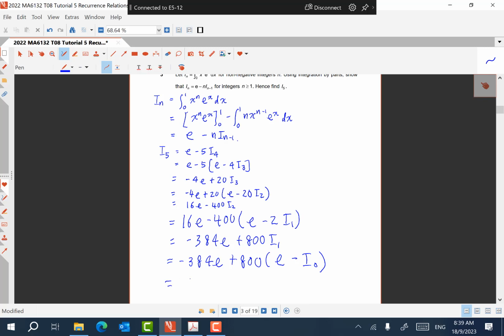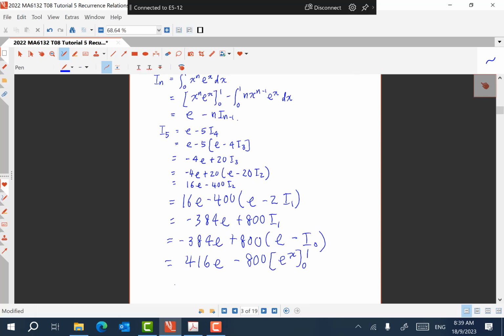So this gives you 416e minus 800 I0, right? You get e to the power of x from 0 to 1, so in the end you get 800 minus 384e.